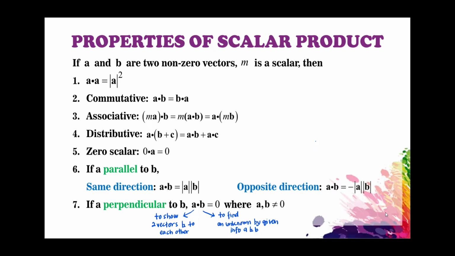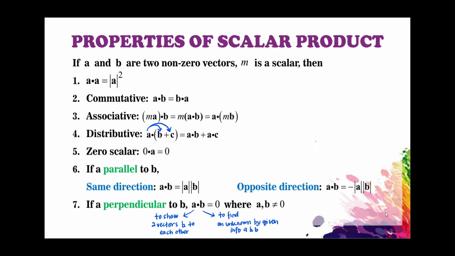Number 4, distributive, which is we can expand the A into the bracket, which is we're going to have A dot B plus A dot C. And then for number 5, we have the zero scalar, which is 0 dot with a vector will be equal to 0. Number 6, parallel, which is if A is parallel to B, we will have either same direction or opposite direction.